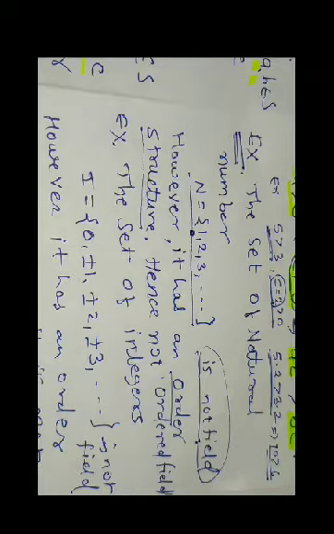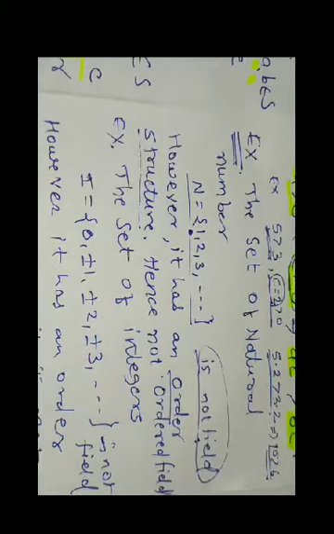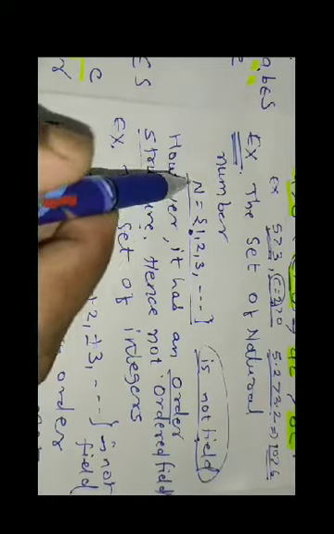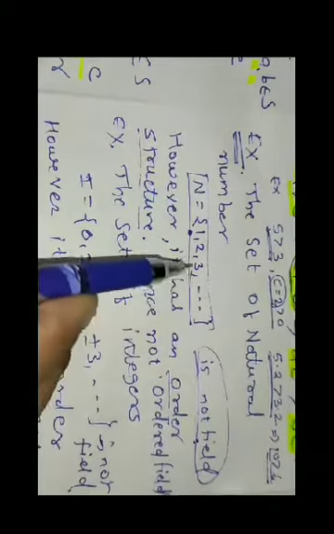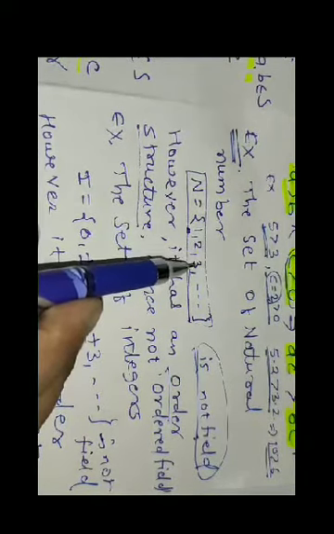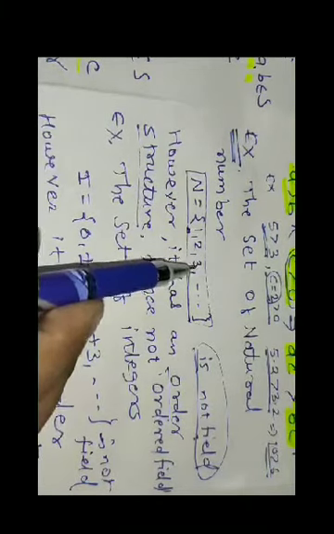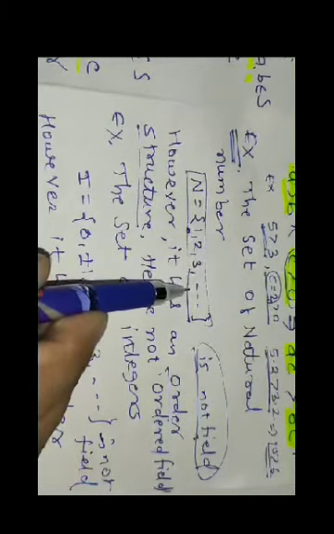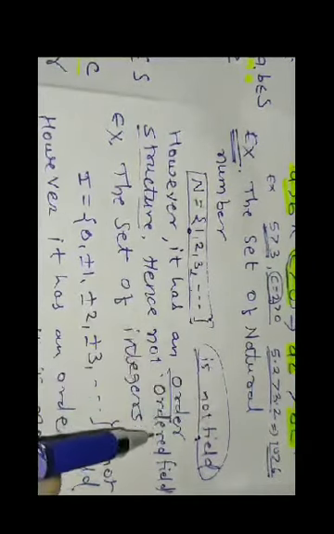It has order structure, but it is not a field, and therefore the set of natural numbers is not an ordered field. If you choose any 2 numbers, you can decide which number is greater, which is smaller, law of trichotomy, law of transitivity. We can show that. But it is not a field, and hence it is not an ordered field.